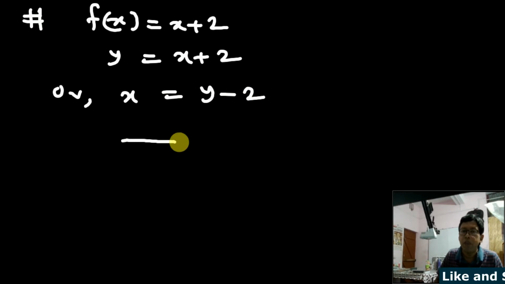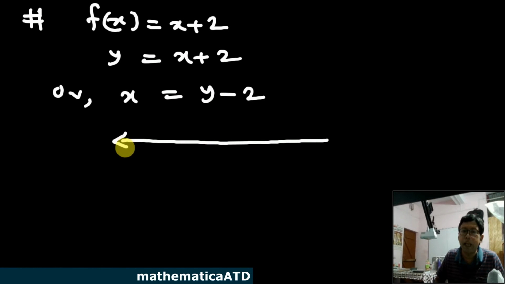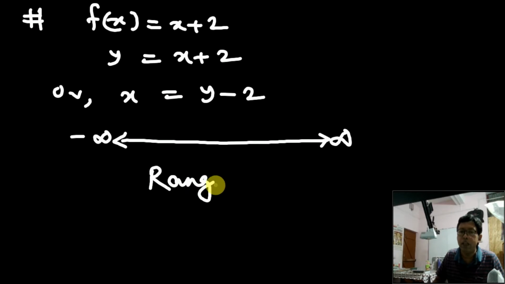So if you put any value of y from the set of real numbers, minus infinity to plus infinity, on the right side of the expression y minus 2, you will definitely get defined real numbers. So the range of the function is obviously R.